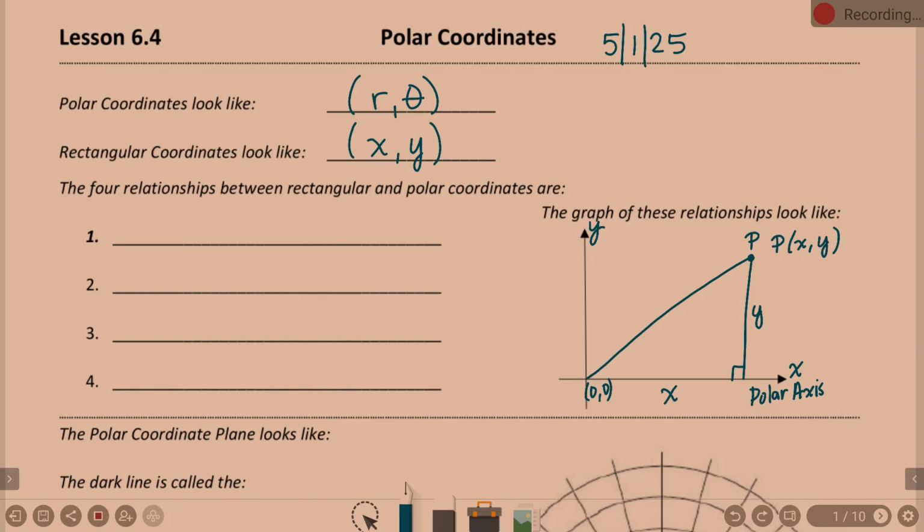So the y-axis doesn't really exist. Instead of this centerpiece being called the origin, this is called the pole, also referred to as point O.